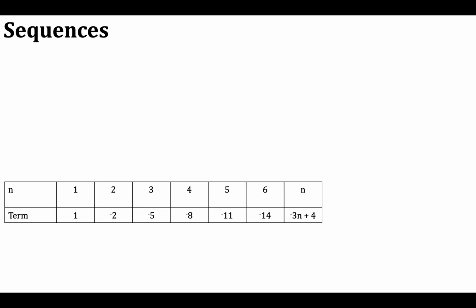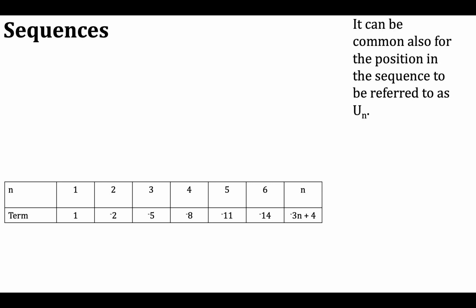So taking that just slightly further, and keeping the same table and the same sequence, it can be quite common for the position in the sequence to be referred to as un.